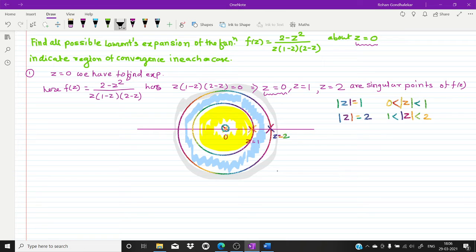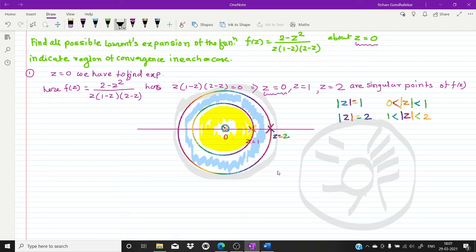This outside part is also an annulus region. Yes. Why? Because if I select an infinite radius, then what will happen? This is your circle with a radius 2 and some infinite radius. Of course, this is not an infinite radius, but some infinite radius is also there. So this also looks like an annulus region.